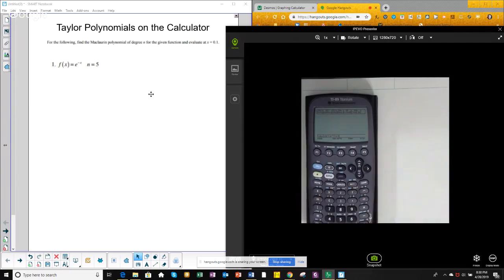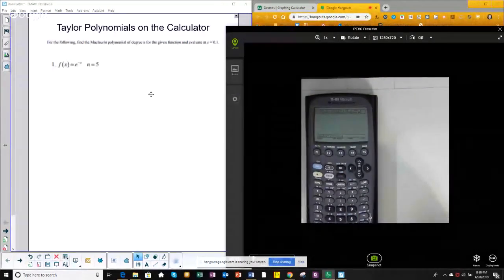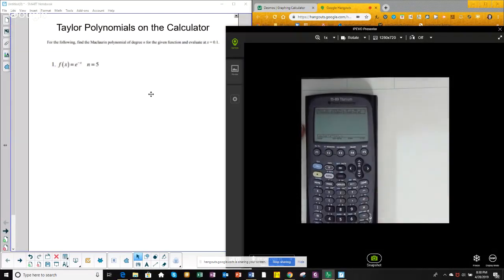And then we have to tell the calculator what the variable is, and I'm going to say comma x, because sometimes you could have a Taylor polynomial as a function of time, or the function of t, or some other variable. So we have to define what the variable is, and then we have to tell it what degree polynomial you'd like. Well, in this case, we want degree 5, so I'm going to type in 5.